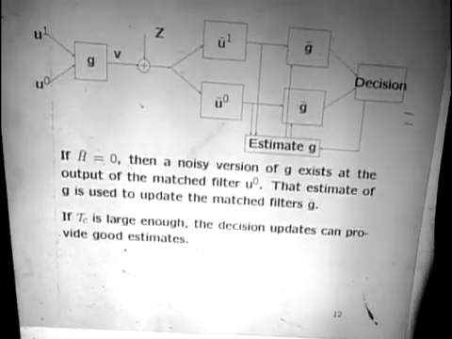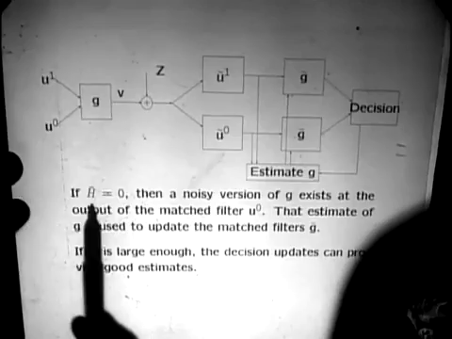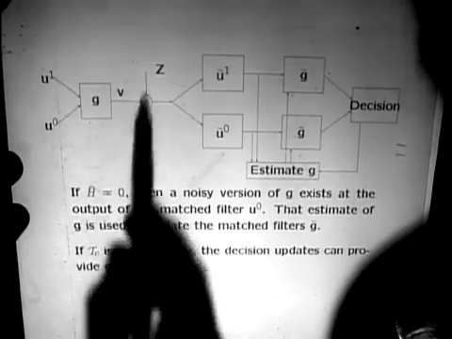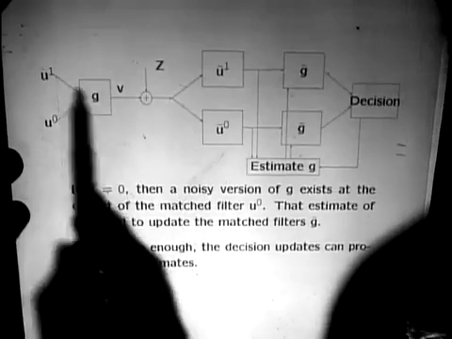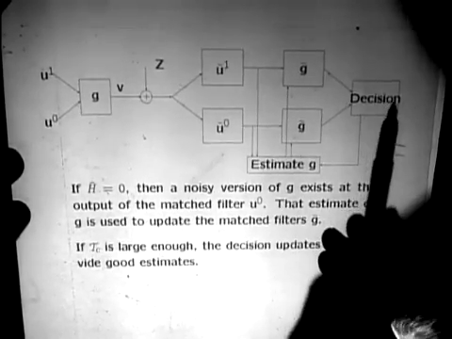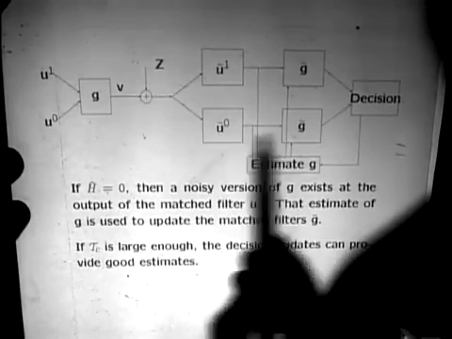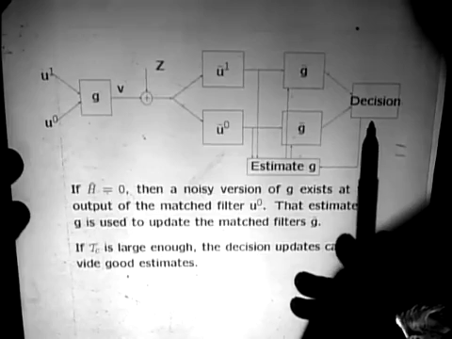So finally, we have the rake receiver, which does both of these things at once. You either send U0 or U1. You go through this filter, you add white noise. As far as making a decision is concerned, you do what we talked about before. You compare this output with this output to make a decision.